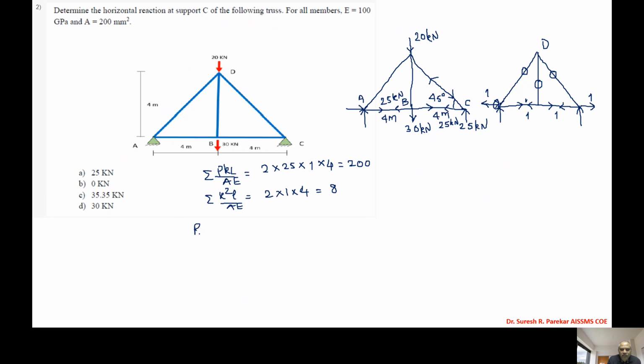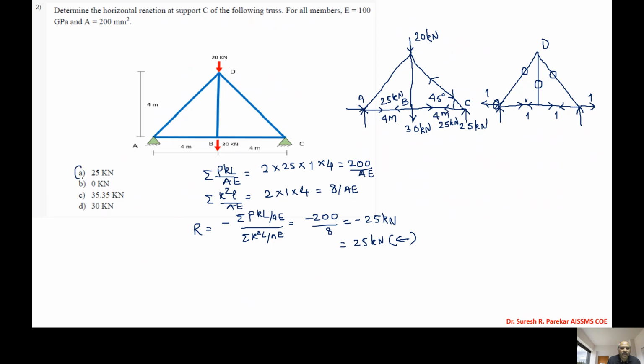Then R is equal to minus summation PKL upon AE divided by summation K square L upon AE. AE is in the denominator of both. From this we will get minus 200, AE gets cancelled, upon 8, and we will get minus 25 kilonewton. Minus sign shows our direction is wrong, and we have 25 kilonewton towards left.